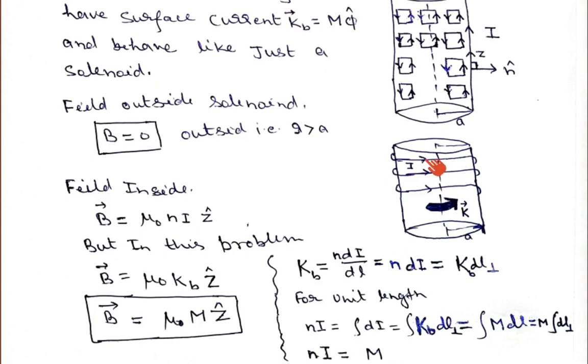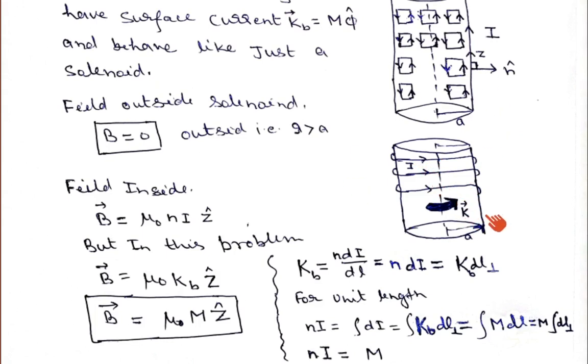If the spacing between the two wires is negligible, meaning they are closely bound, then the current in one unit length can be written as a surface current density K, and this K will be along the phi direction, that is azimuthal, because the current is flowing in the azimuthal direction.